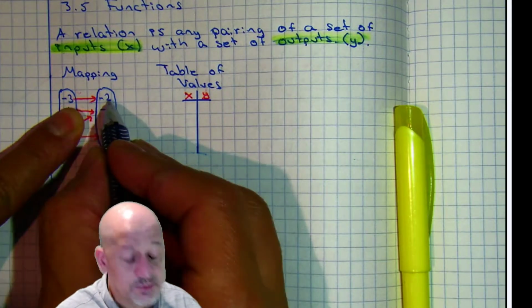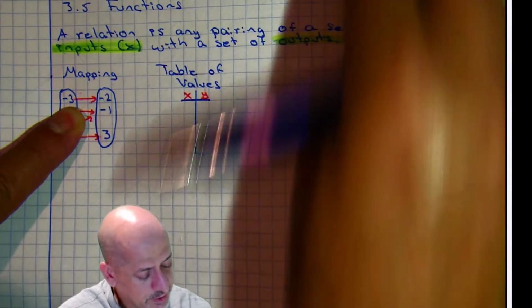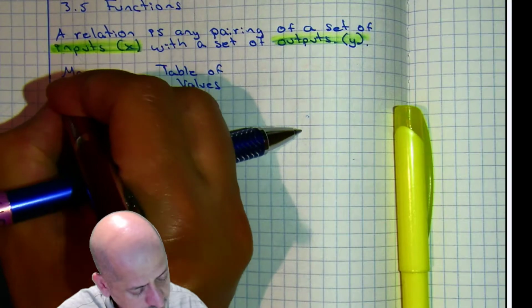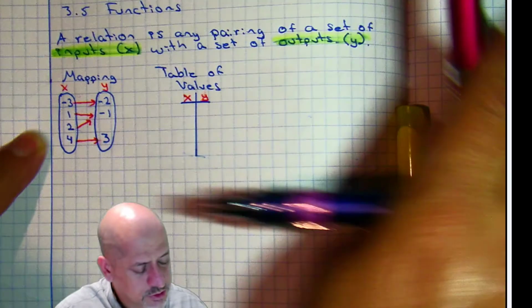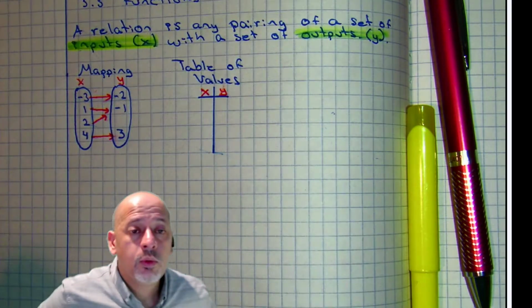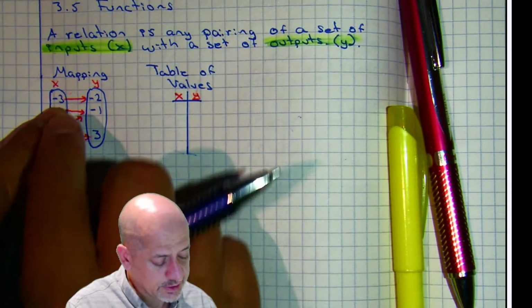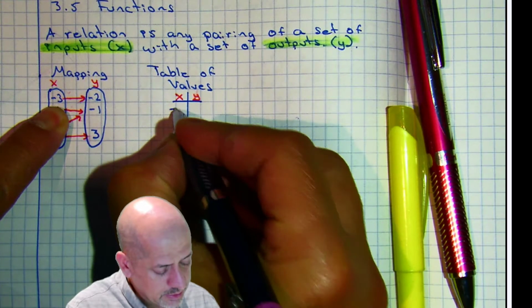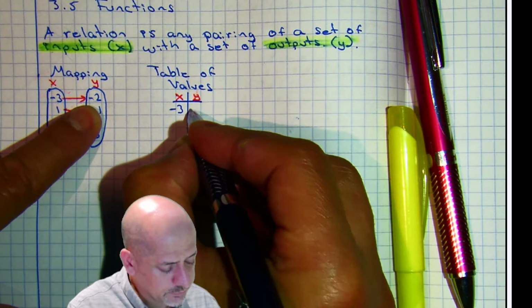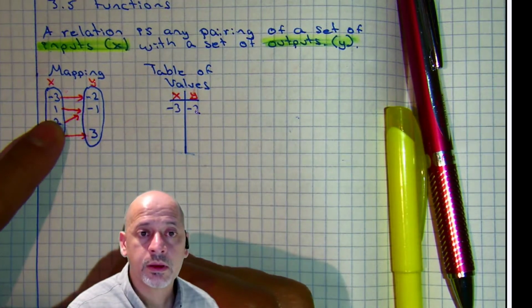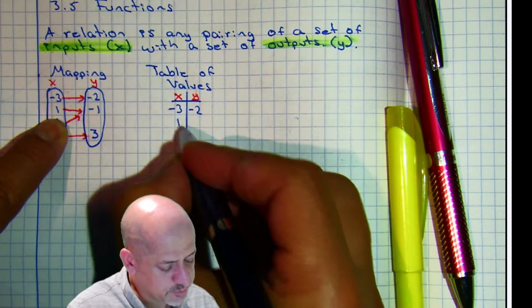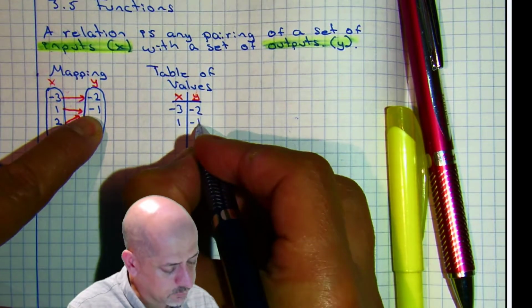The -3 is paired up with the -2. This is your input, x, and y is your output. And now we can write them down as a table of values. The -3 is paired up with the -2. The 1 is paired up with the -1.